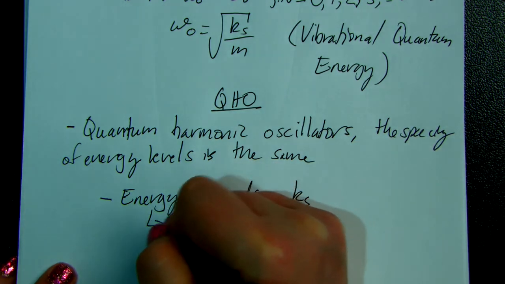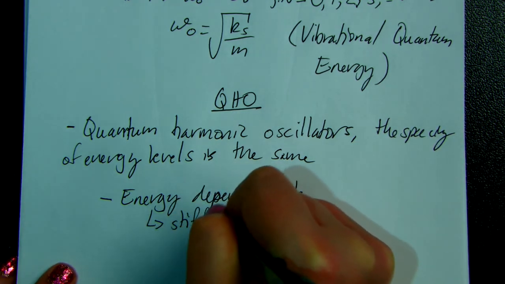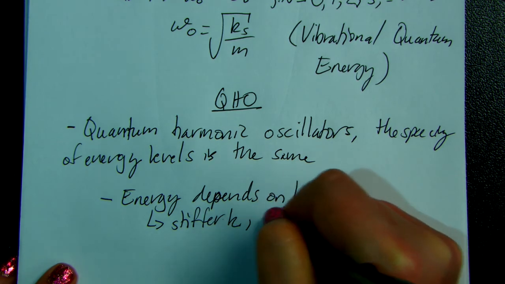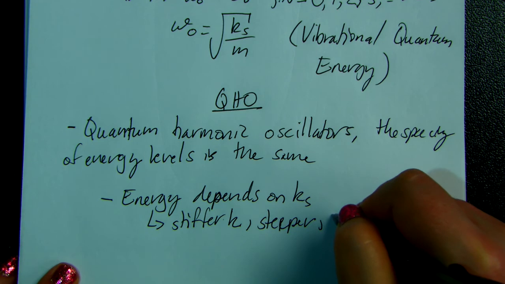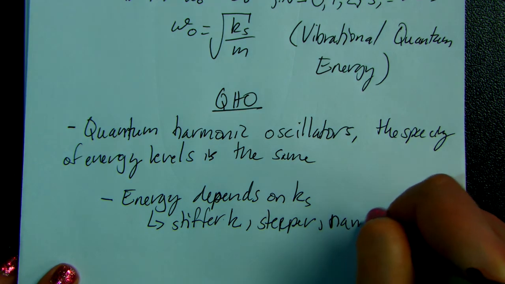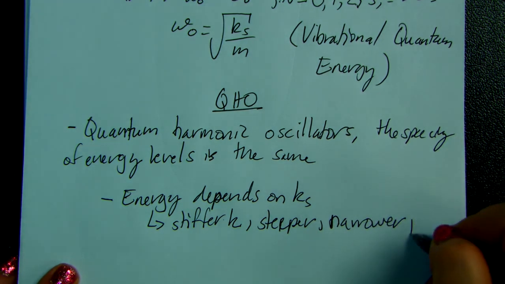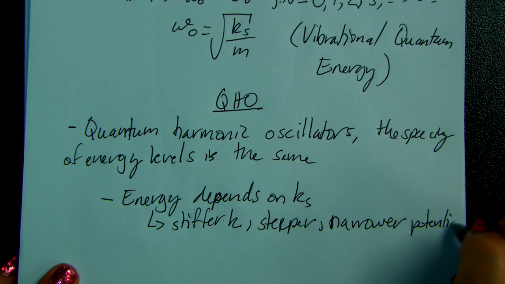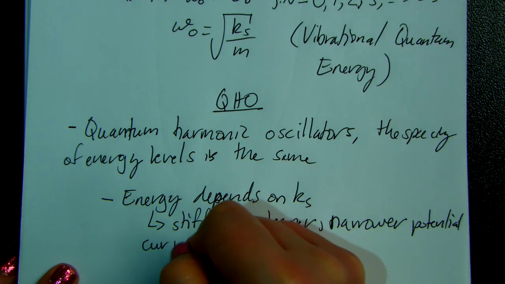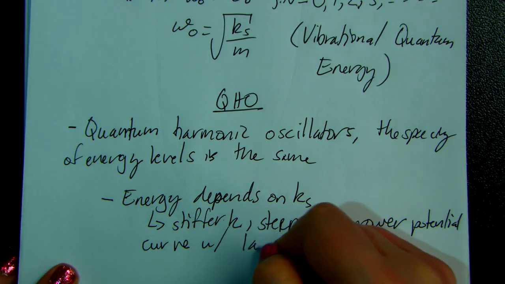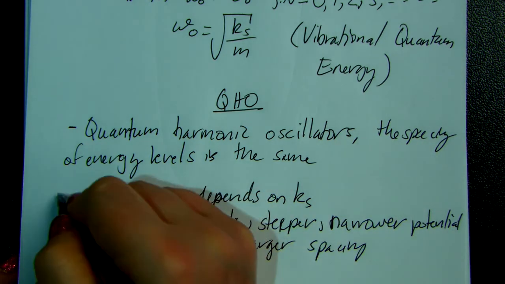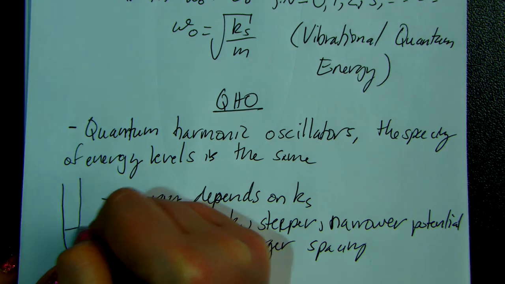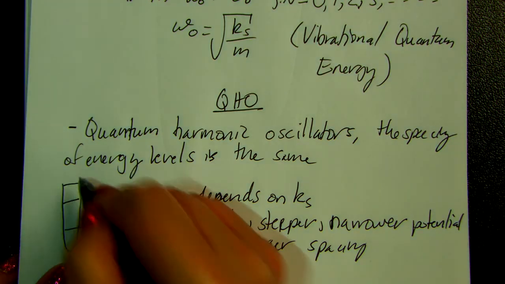So a stiffer, steeper K gives a narrower potential curve with larger spacing, like that.